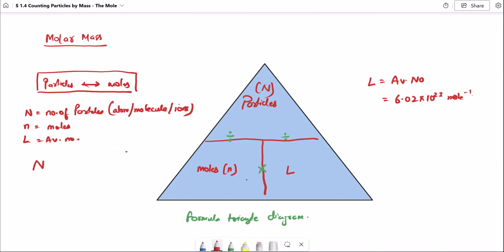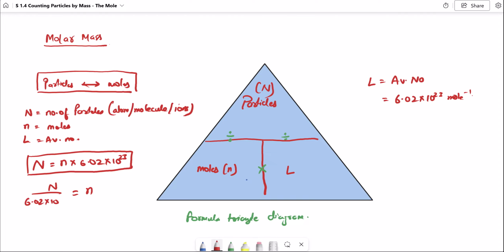So the number of particles N is n into 6.02 into 10 to the power 23. This is the formula. And if you want to find the moles, you just have to divide, so n will be N divided by 6.02 into 10 to the power 23.